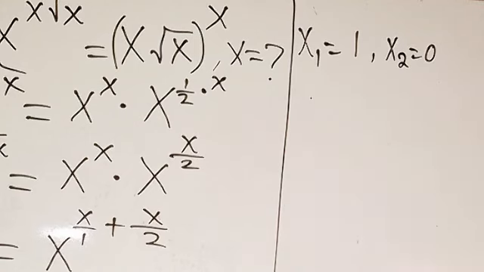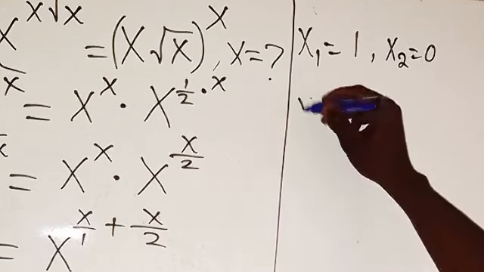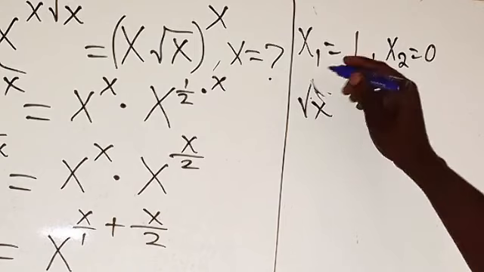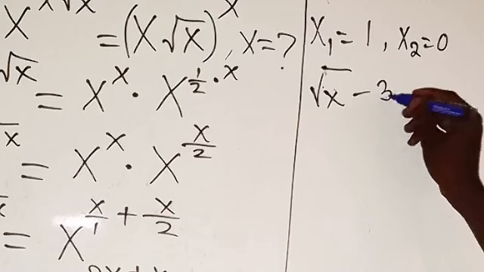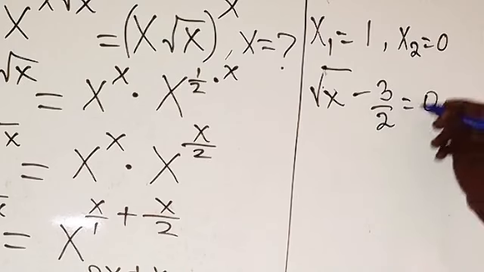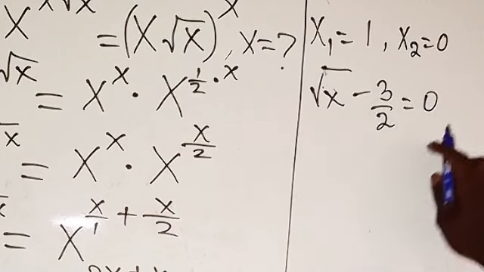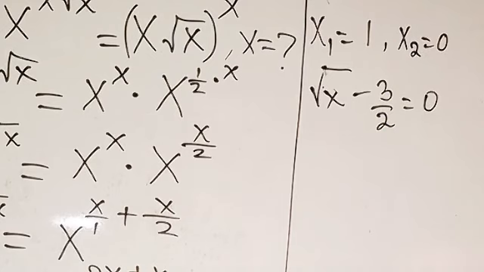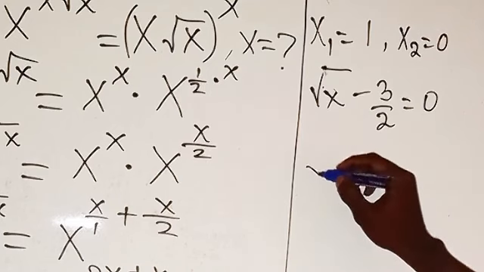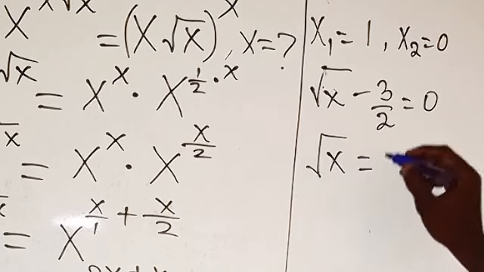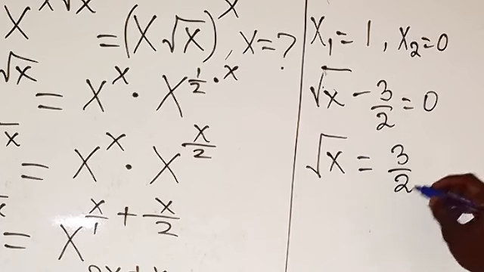So we need to have root x from what we have there. Root x minus 3 over 2 equals 0. So we take this minus 3 over 2 to the right hand side. So we're going to have root x equals 3 over 2.